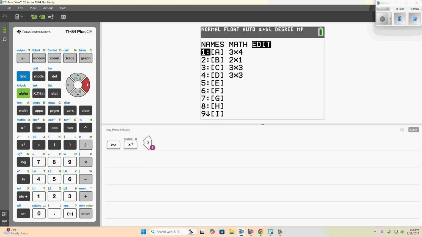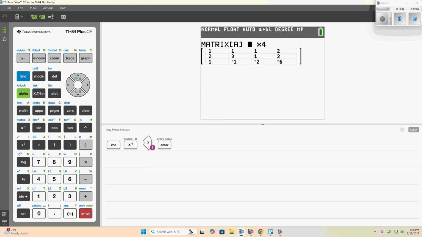Edit here lets us put information into these matrices. We all got there? So we're going to edit matrix A, the first one. So go on and hit enter. Now at the very top, it's going to tell us to put the dimensions in.